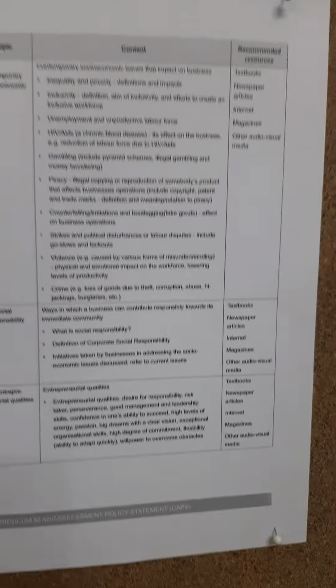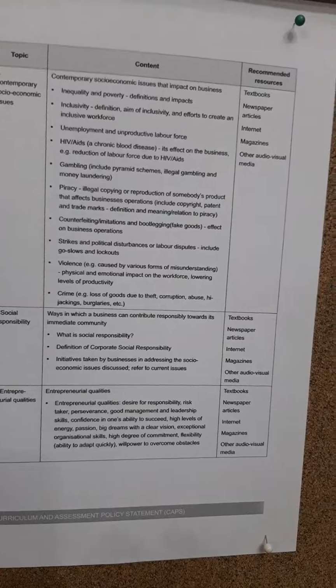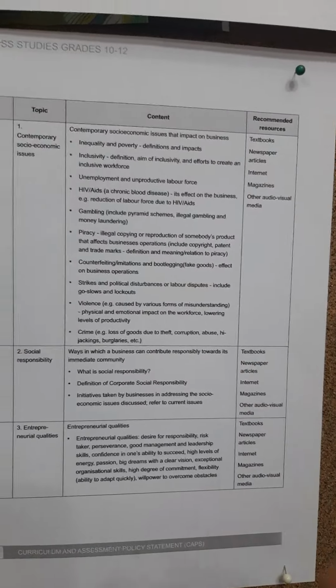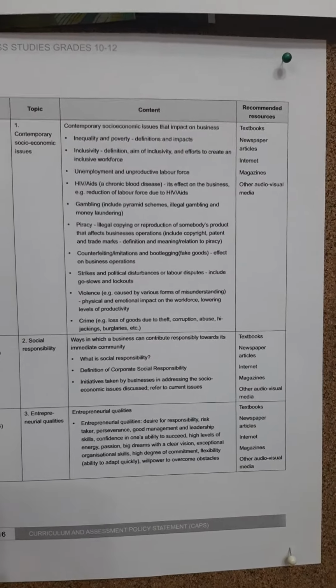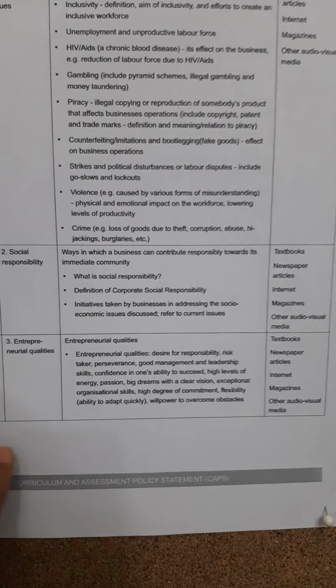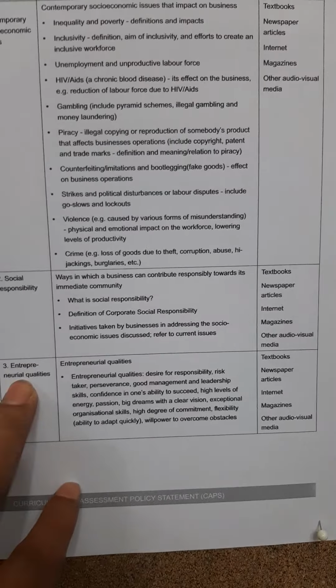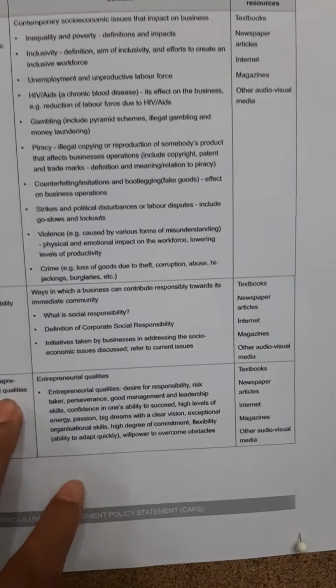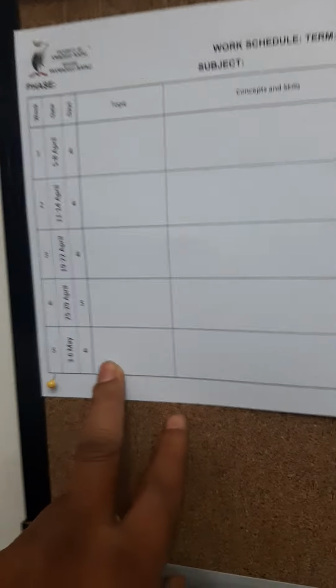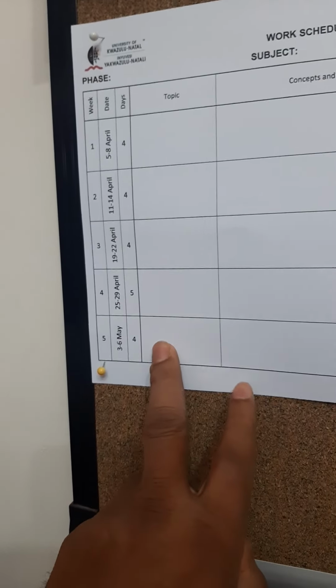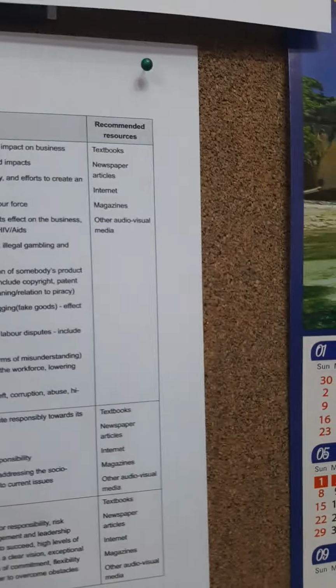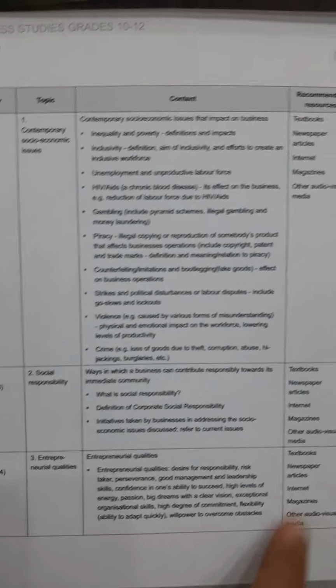And it also gives you an idea of the resources that you are going to be using for that particular topic. In week 4, the topic there is entrepreneurial qualities, right? So week 4 on your work schedule, that will be your topic, and the concepts that you will teach are there in the CAPS document as well as the resources.